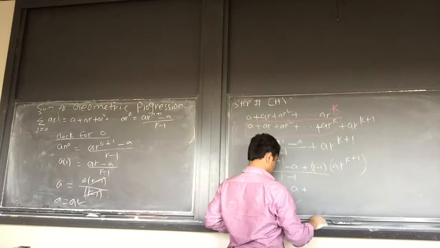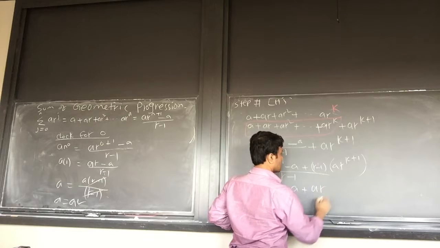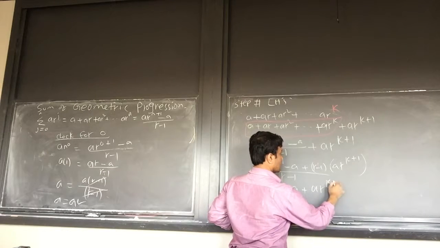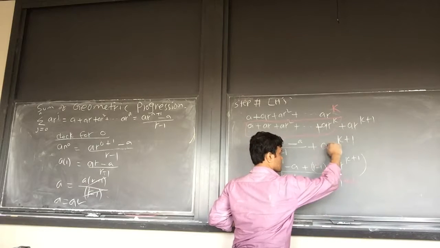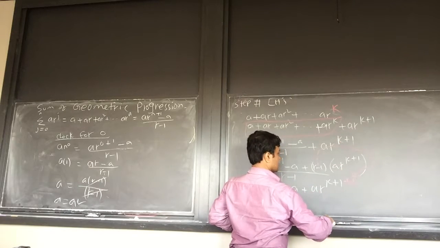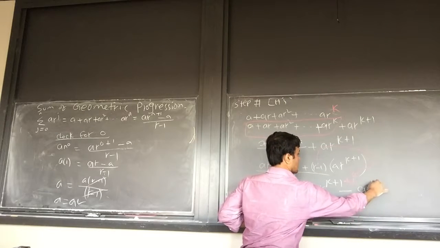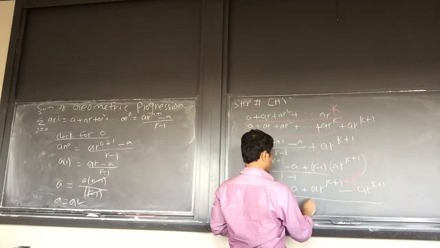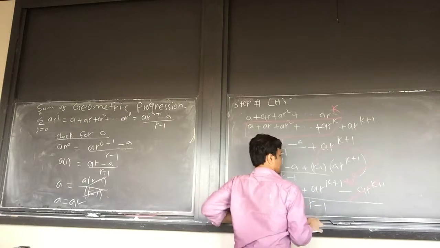You put 1 over here and you solve it. ar^(k+1) comes from here, then minus ar^(k+1), all divided by r minus 1. So the good thing is this guy cancels.